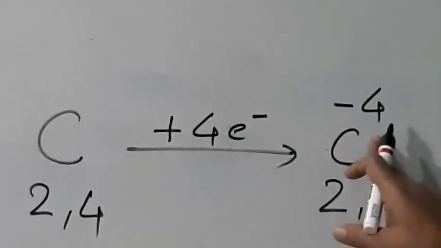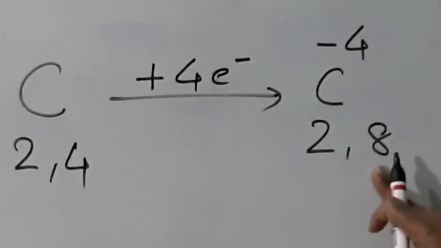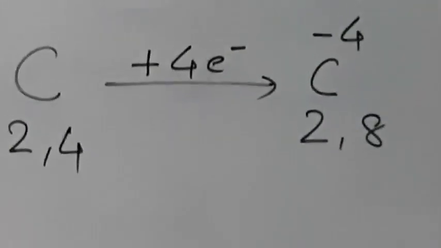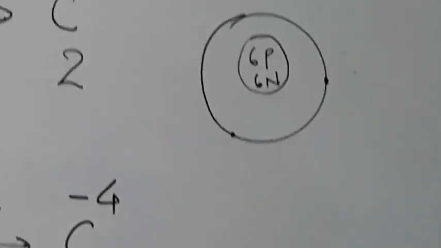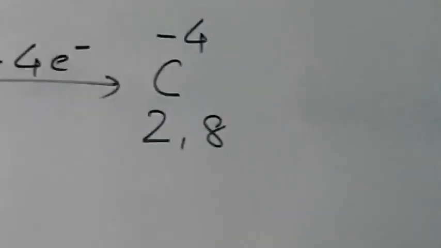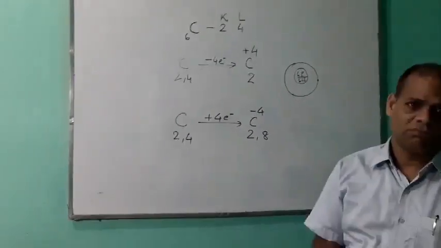Now in C4-, carbon has 10 electrons, but the protons are only 6.